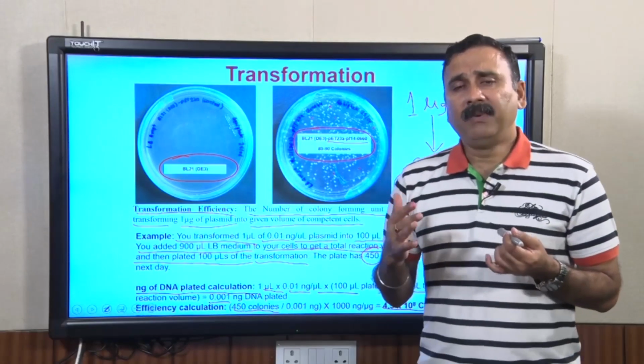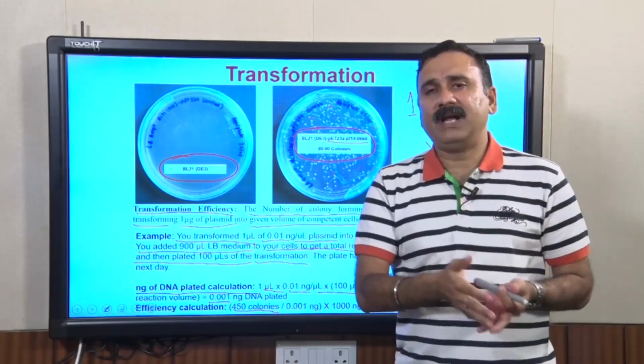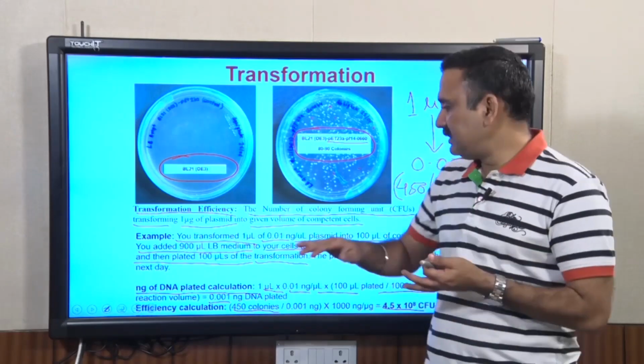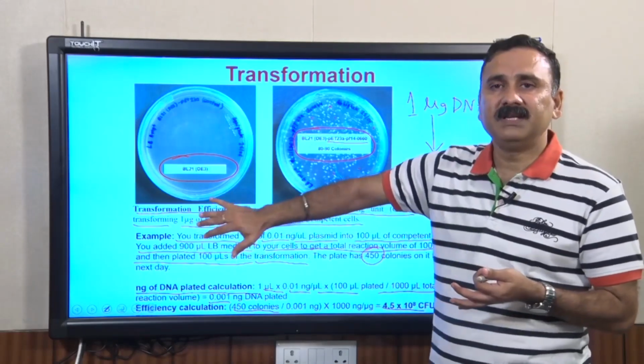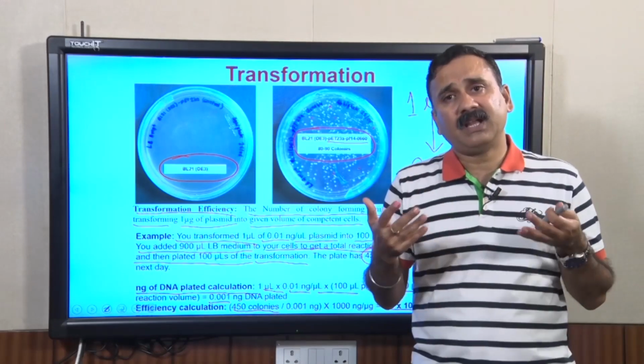But the transformation efficiency is going to vary from batch to batch, and there are many factors which affect it. It is not certain that you will get an identical transformation efficiency every time.